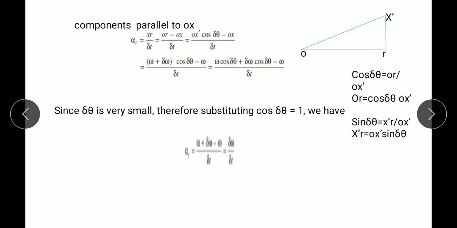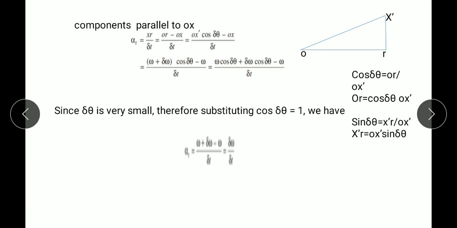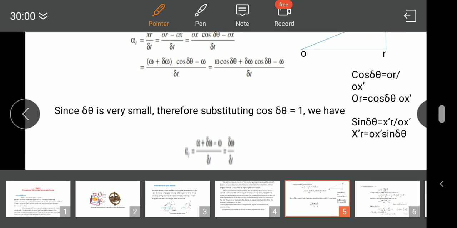Here delta theta is very small, therefore we substitute cos delta theta equal to 1. So finally alpha t equals omega plus delta omega minus omega by delta t. Here omega and minus omega cancel, so finally we get delta omega by delta t.